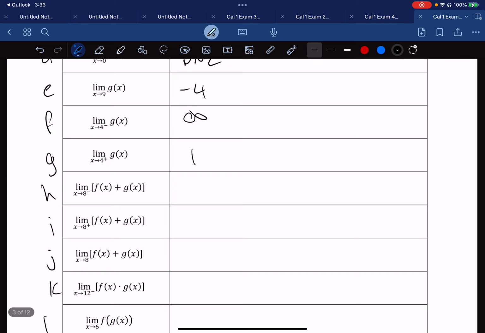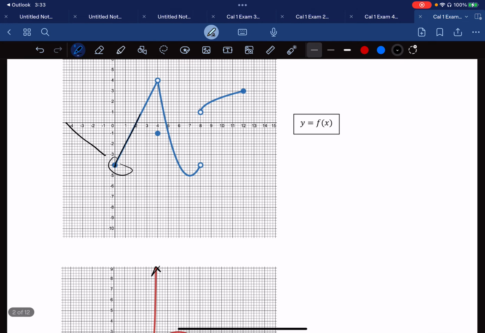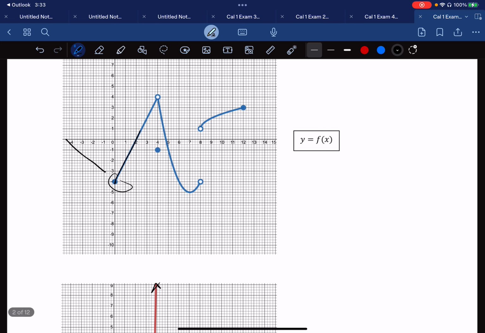Alright, so for this one, basically what you're going to want to do is look at when x approaches 8 from the left for f of x, and when x approaches 8 from the left for g of x. So let's write that out. Let's separate them. Plus the limit as x approaches 8 from the left of g of x. Alright, so as x approaches 8 from the left for f of x, 8 is here.